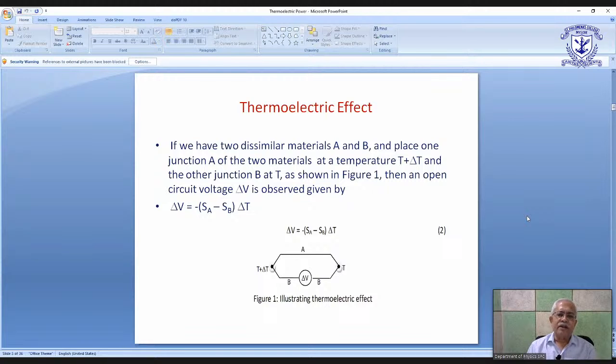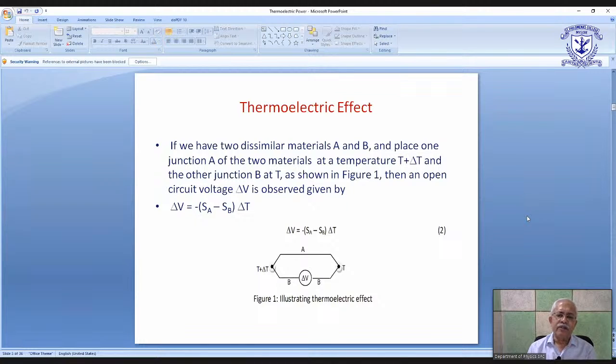So the typical device which is used to measure thermoelectric voltage, EMF, is a junction which is formed with two different metals, which is generally referred to as a thermocouple. So this figure here shows a wire of type A and a wire of type B, and there are two junctions.